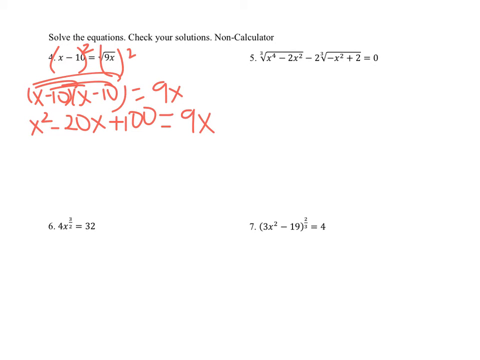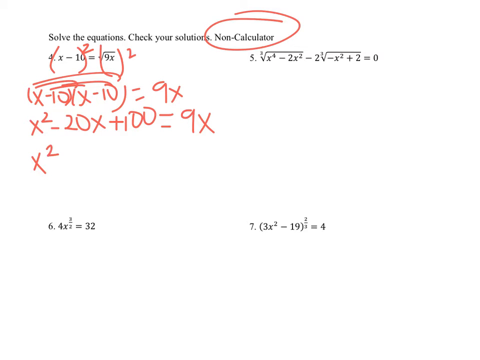Equals 9x. Now, notice you're going to have a quadratic here. So remember all the different ways you can solve quadratics, whether it be factoring, quadratic formula, all that good stuff. You get to choose which way you want to solve it and solve for x, because this is non-calculator. Okay, you will need to show me how to do it by hand.